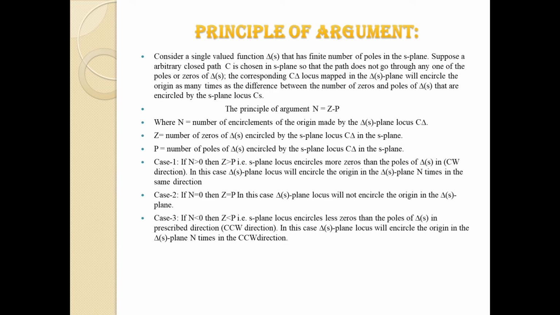So from this principle of argument, there will be three cases. First consider case 1. If the number of encirclements of the origin, N, is greater than 0, then Z will be greater than P. That means the S plane locus encircles more zeros than the poles of delta S in the clockwise direction.